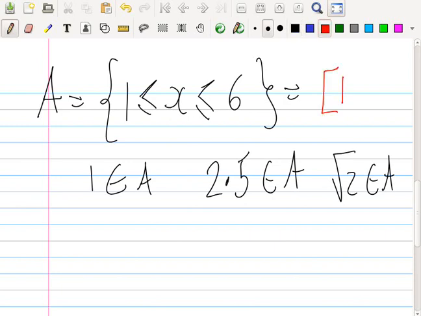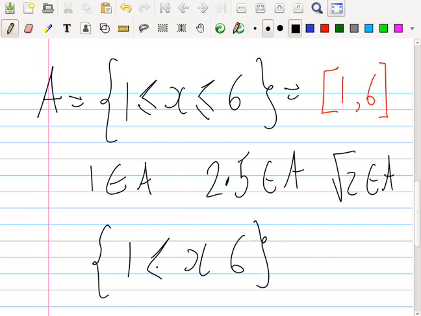Square bracket 1, comma 6, square bracket. This here means all the numbers between 1 and 6, including 1 and 6. And then if I wanted something like this, all the numbers between 1 and 6, but don't include 1 and 6. Any ideas? Has anybody seen this before?